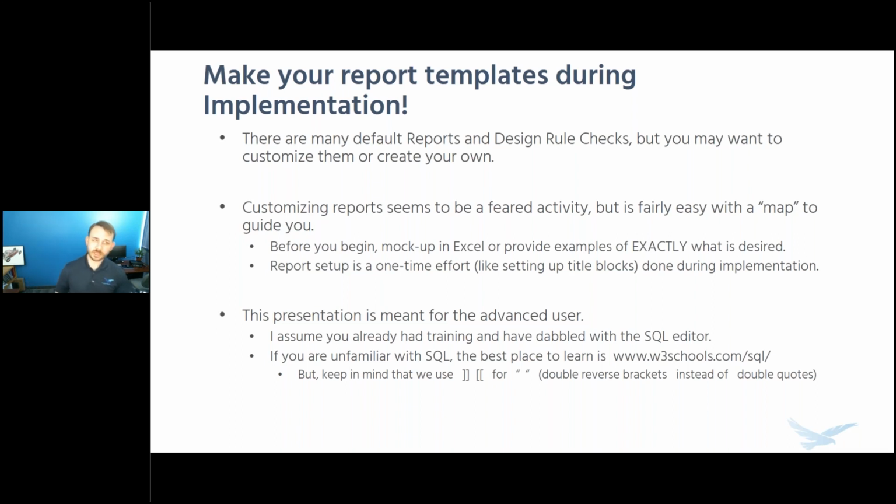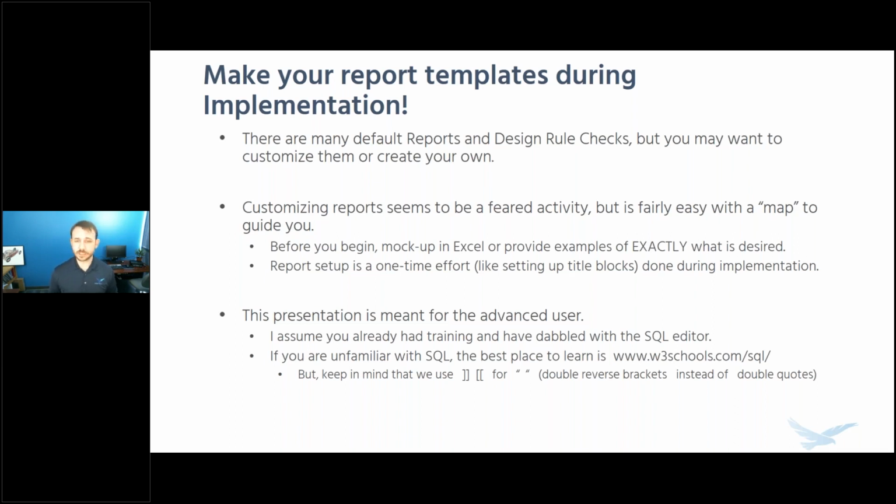Secondly, customizing reports seems to be a feared type of thing, but the easiest way is to actually map it out. A lot of times I tell customers, if they're asking me for guidance, to give an example of exactly what you want. Create an Excel spreadsheet, give it all the columns, not necessarily all the rows, and then fill in a row with what information you want in each column, where it should be pulling from, and what type of information you're going to have.